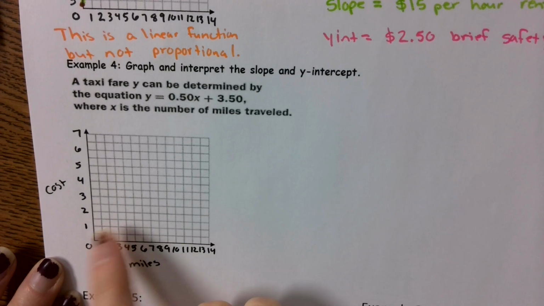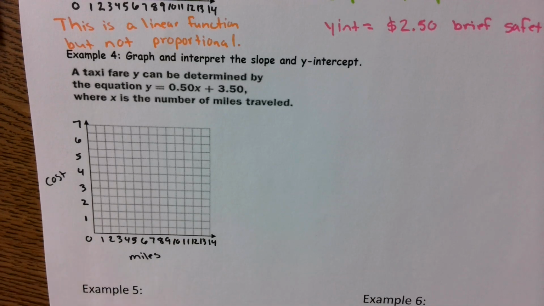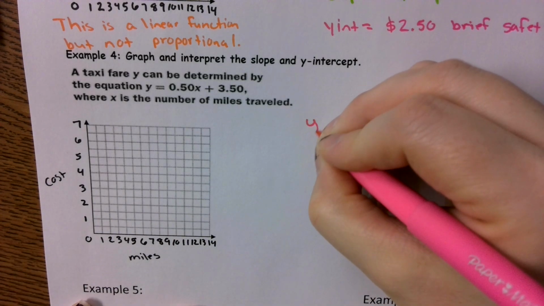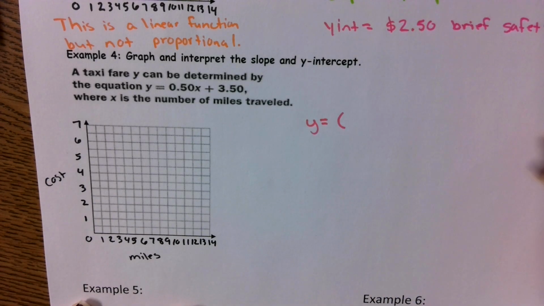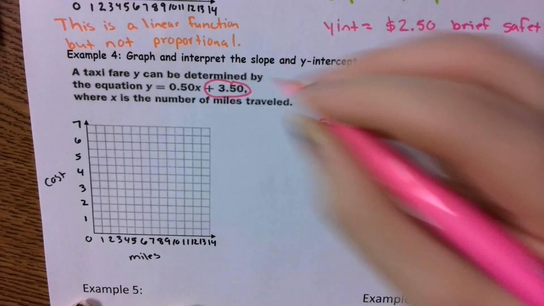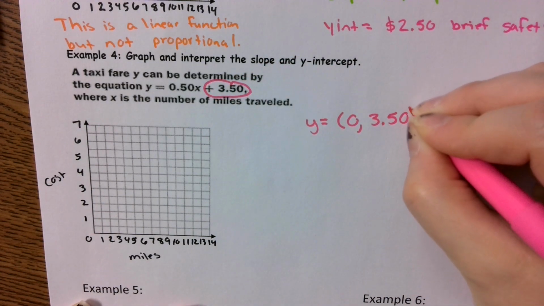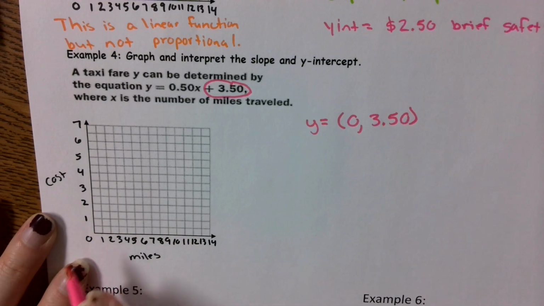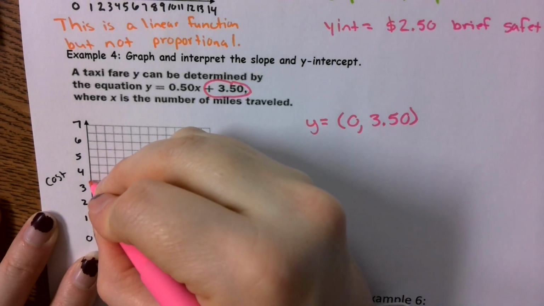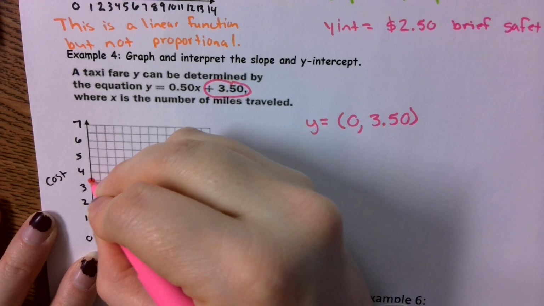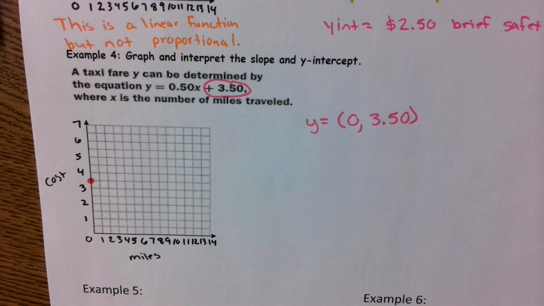Okay, so again, when we are graphing for here, we are first going to start off by graphing our y-intercept. Our y-intercept in this situation is going to be at 0, 3.5 or 3.50. So for here, we're going to go up to the 3.5 mark.